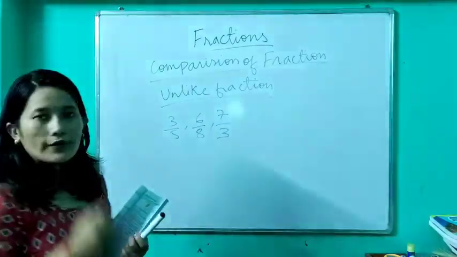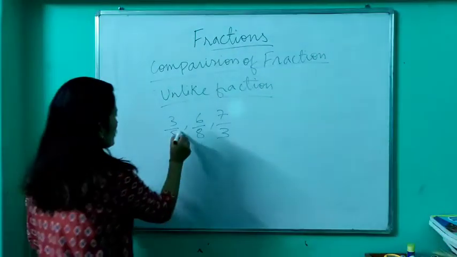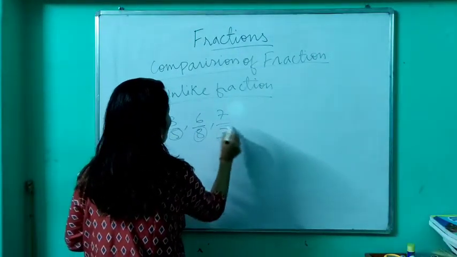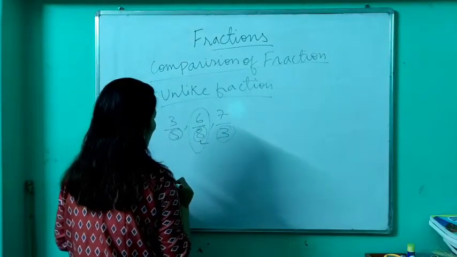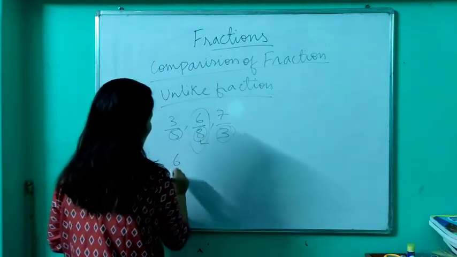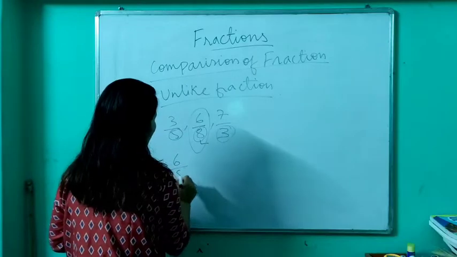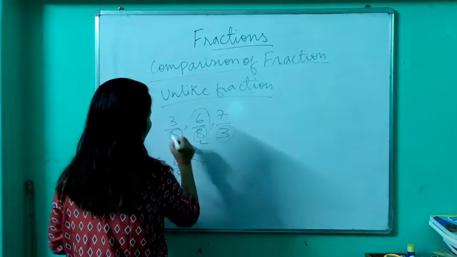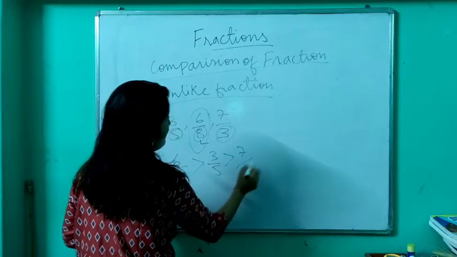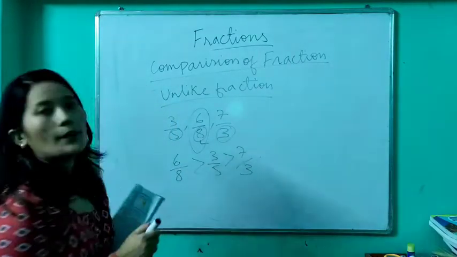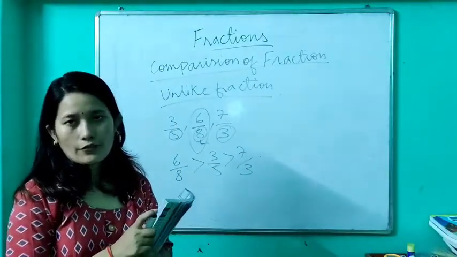Okay, now in this case you will be looking at the denominator. If your denominator is greater, that means that particular fraction is greater. Okay, so here 8 by 1 with the denominator 8 is the greater value. Then you have 5, then you have this. Okay, so this is how you compare it, unlike fraction.